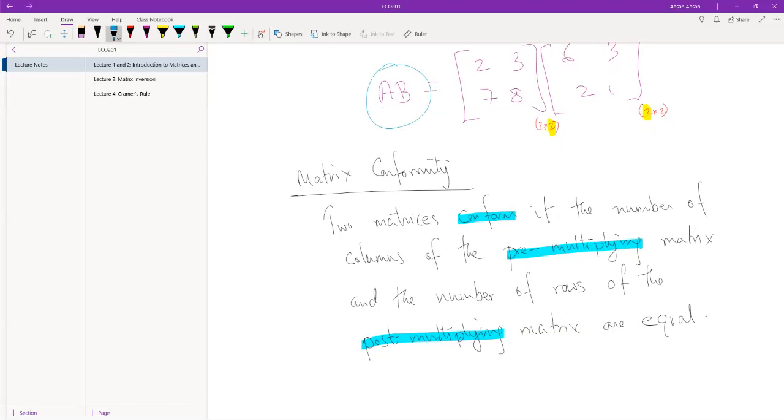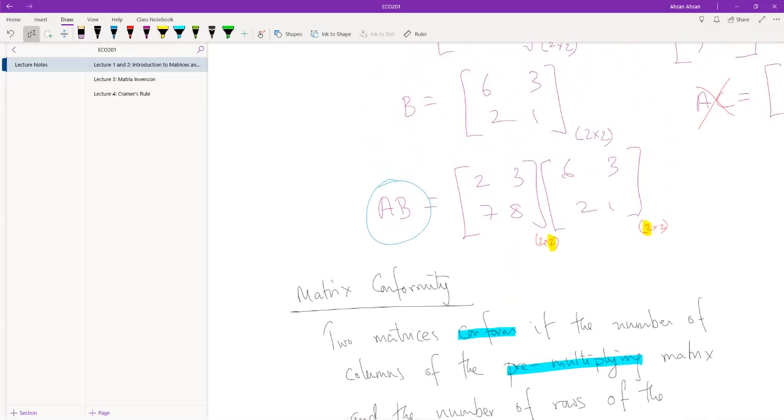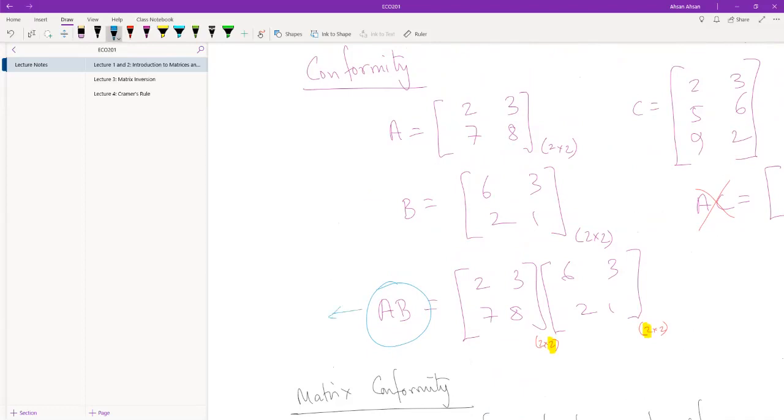So over here we have AB. A is the first matrix, so A is the pre-multiplying matrix. And B is the second matrix, so this is the post-multiplying matrix. So obviously focus on these words, pre and post.